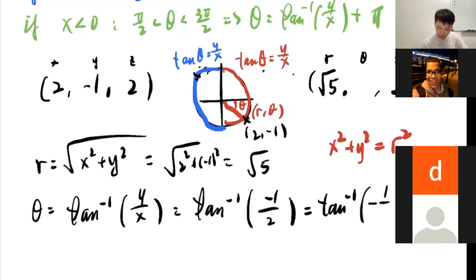And then now you have minus 1 over 2, the arctangent of minus 1 over 2. If you guys remember from the unit circle table, this is one of the special angles. So far, so good.